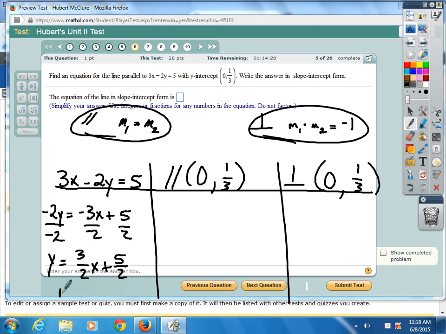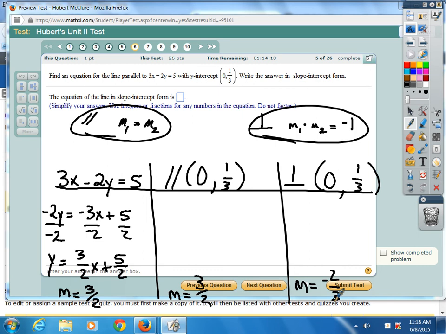So therefore, m is equal to 3 over 2. In the parallel column, m is going to be 3 over 2. In the perpendicular column, negative 2/3. It's the opposite reciprocal.